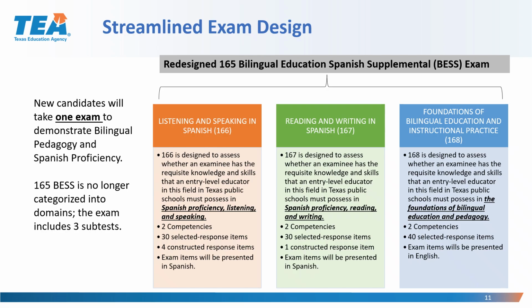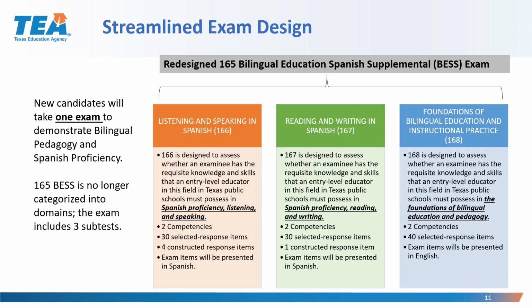This exam includes 3 subtests that clearly and distinctly evaluate a candidate's Spanish proficiency level and pedagogy knowledge separately. The first subtest, 166, Listening and Speaking in Spanish, contains 2 competencies, 30 selected response items, 4 constructed response items, and this subtest is presented in Spanish.